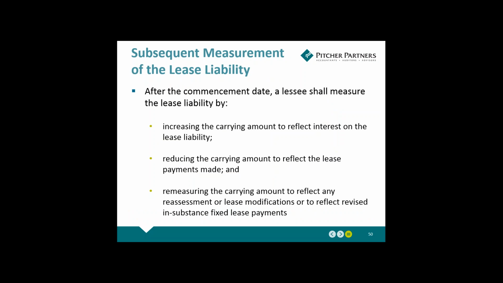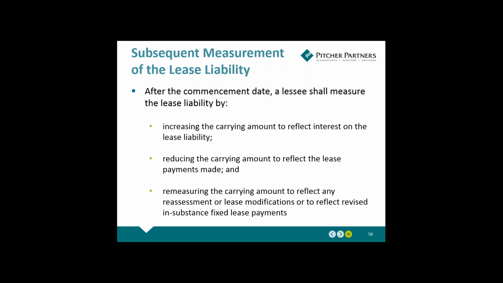If you look at subsequent measurement of the liability, you measure the liability by increasing the carrying amount to reflect the interest on the lease liability. You reduce the carrying amount to reflect payments, cash flows, and then you also remeasure the carrying amount to reflect any reassessment or lease modifications, or to reflect revised in-substance fixed lease payments.